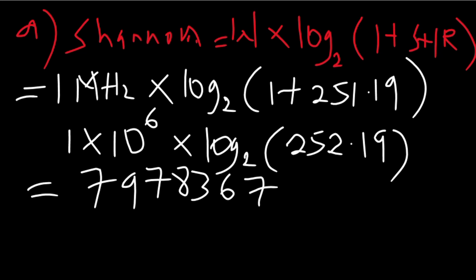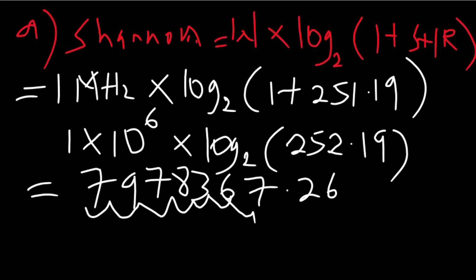Which can be a bit confusing. So to be on the safer side, let's make everything simple here. Forget about the 1 times 10 to the power 6. We know 1 times 10 to the power 6 is mega, right? So let's forget about the mega and focus on the log base 2 of 252.19, to make our answer very simple and brief.